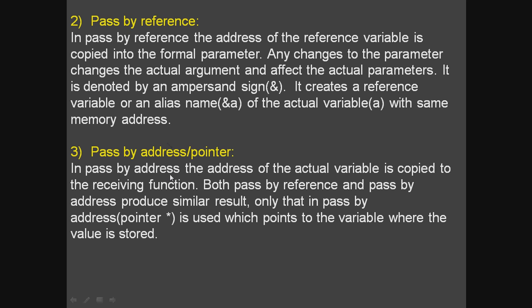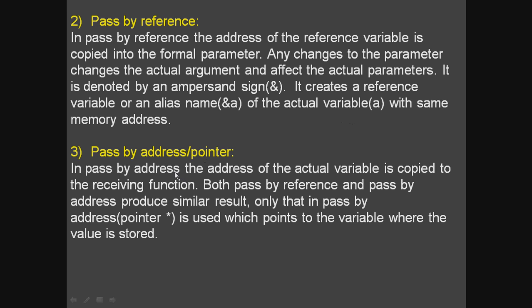So in pass by reference, you create a duplicate variable of the actual variable in the same memory location, right? That duplicate variable also contains the same address of the actual variable. So any changes made in the function definition body will affect the original variable, because this alias name shares the same memory address of the actual variable.